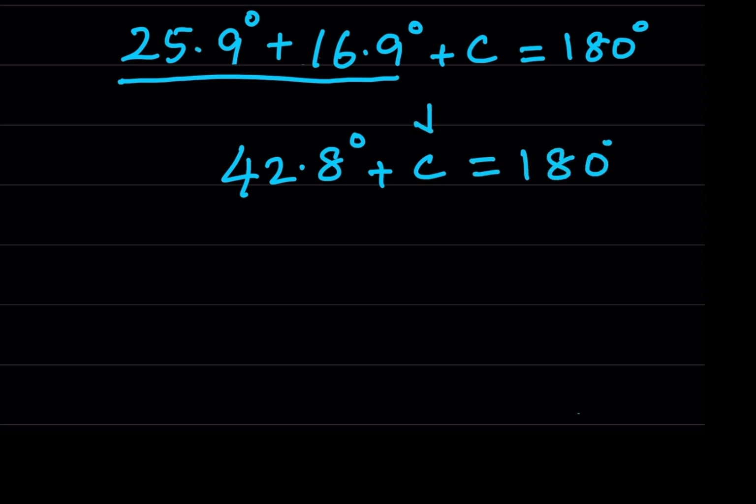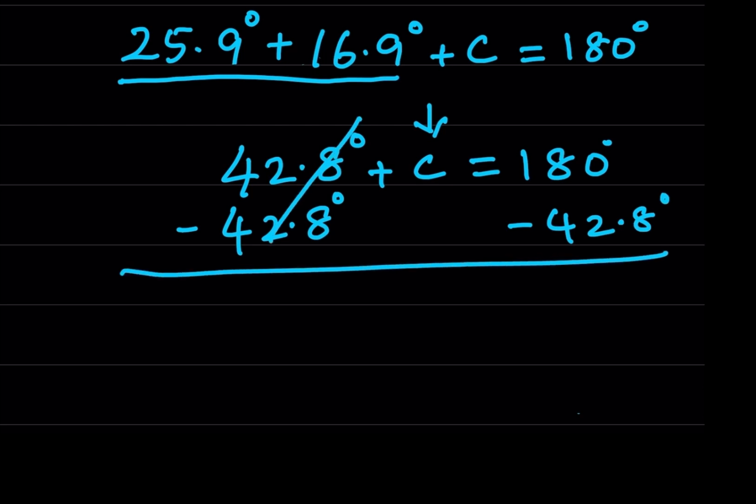We want only C, so I'm going to subtract 42.8 on both sides, minus 42.8. So this cancels out. So angle C is equal to 180 minus 42.8 is 137.2 degrees. So we found angle C.